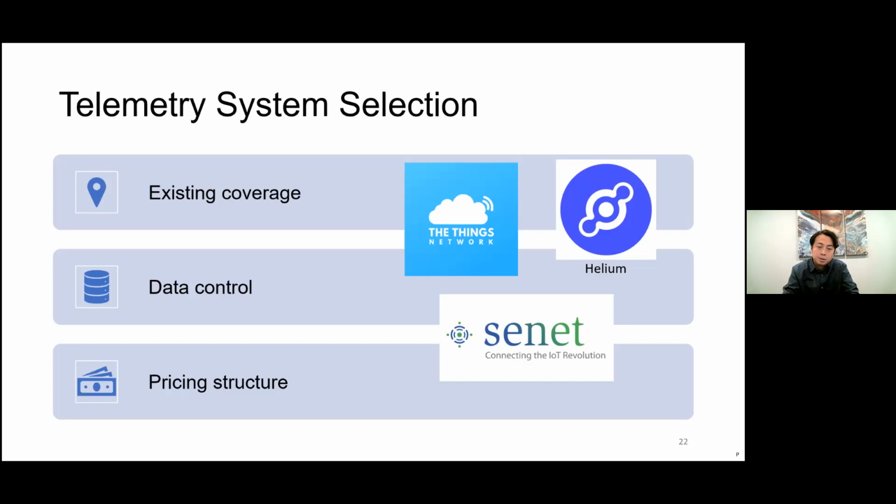And just to give you a rough sense, the pricing structure can vary between $1 per year per sensor to $10 per year per sensor. Some of these would require you to build your own network, and those are the three different examples that I have worked with so far.